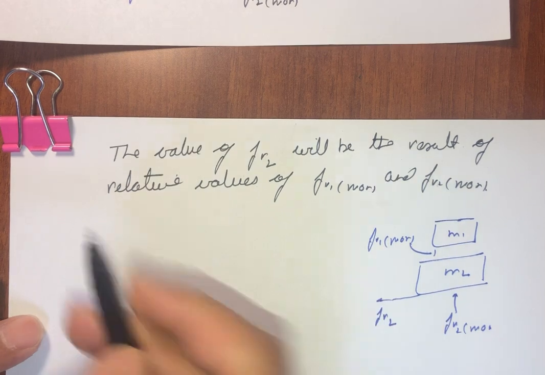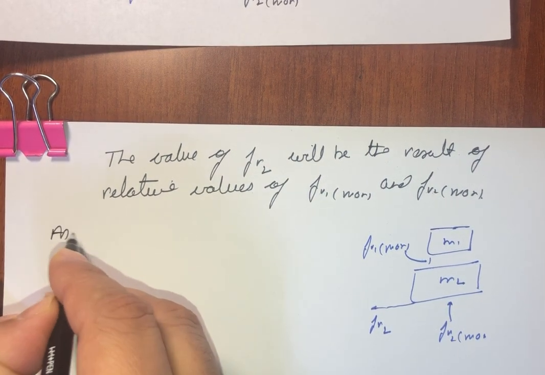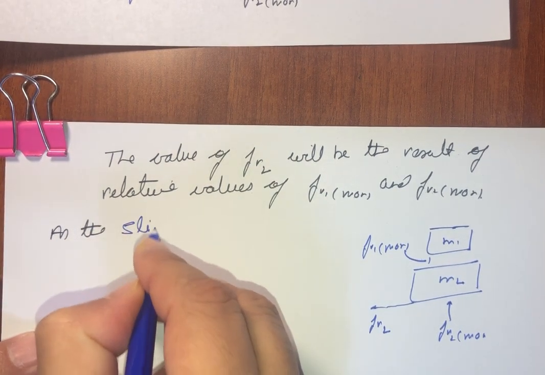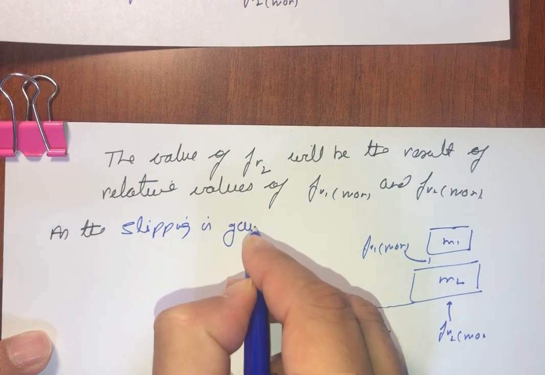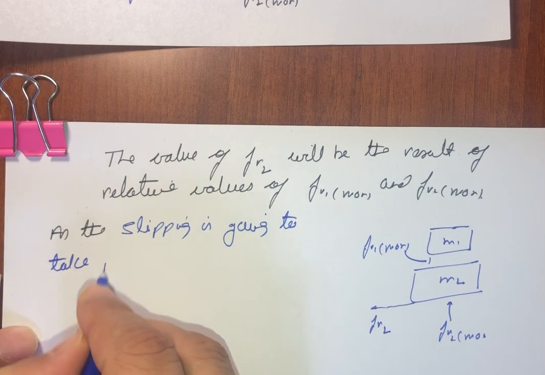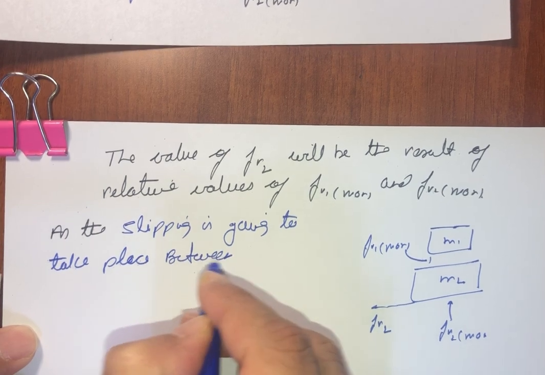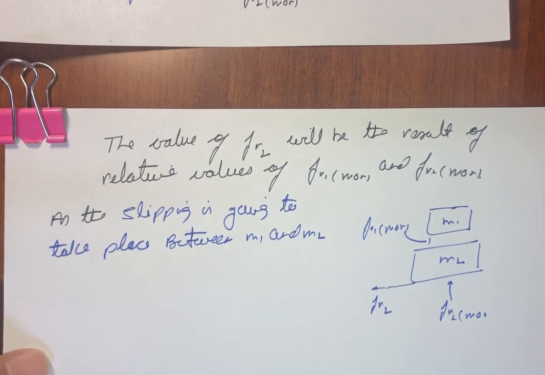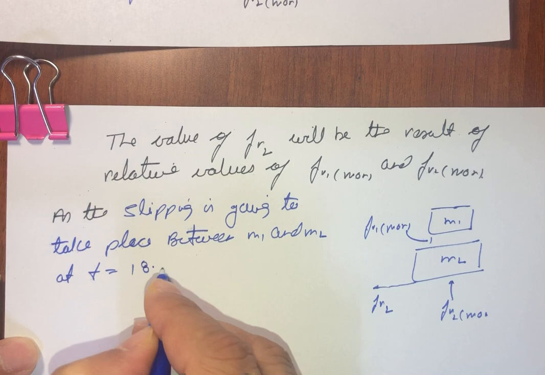Okay. So we can confirm it here as the slipping is going to take place between M1 and M2 at t is equal to 18.2.